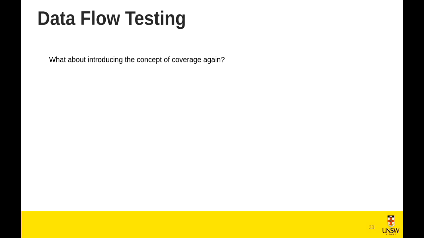Especially in C or Java, there are pointers, and we need to check whether the pointers are pointing to the same value or not to do data flow analysis. So there are a lot of more advanced analysis techniques for data flow. But we are not interested in that. We are interested in how we can derive test cases from these def use pairs, because we are a testing course.